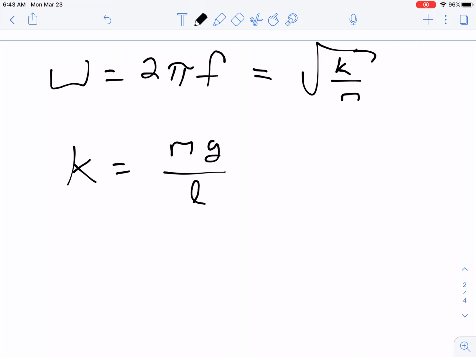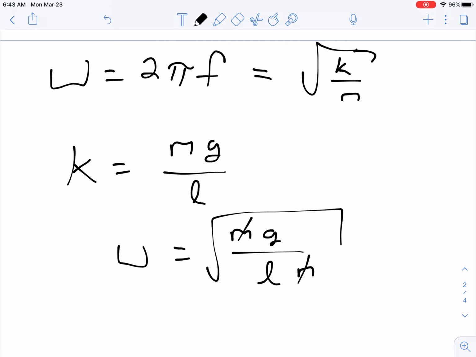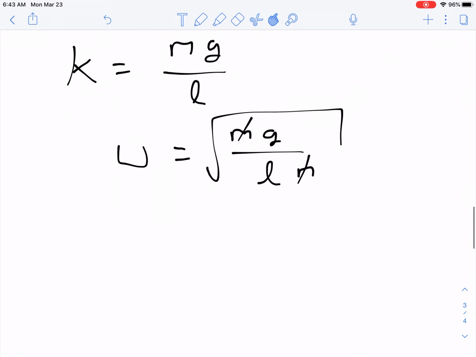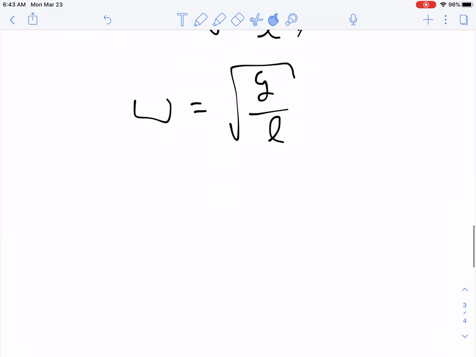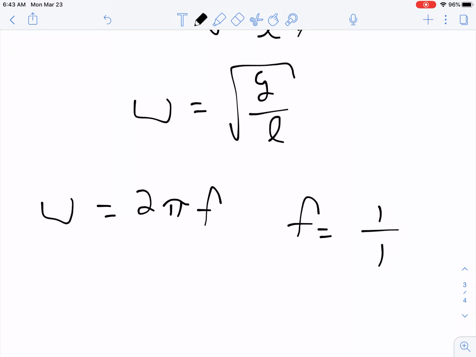So omega would be mg over L divided by m, all square rooted. The m's cancel. So for a pendulum, omega would be simply the square root of g over L. But omega is also 2 pi f, and f is 1 over the period.